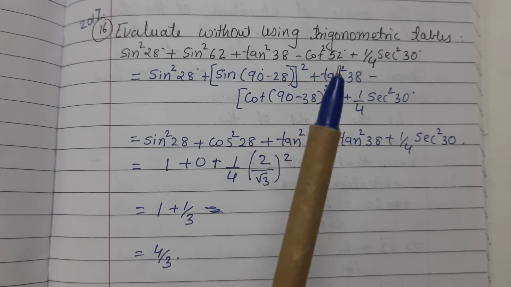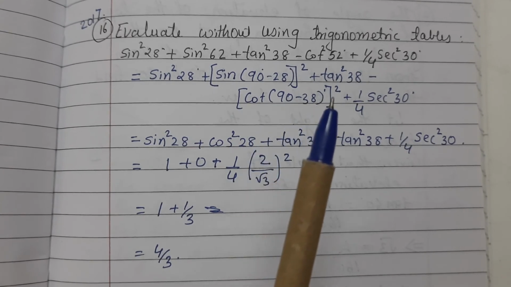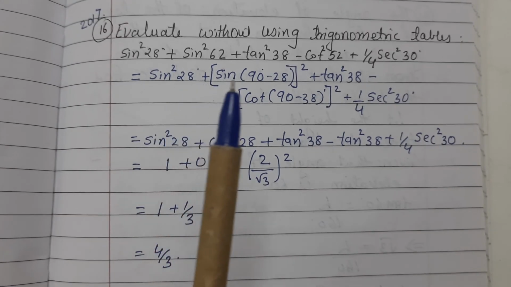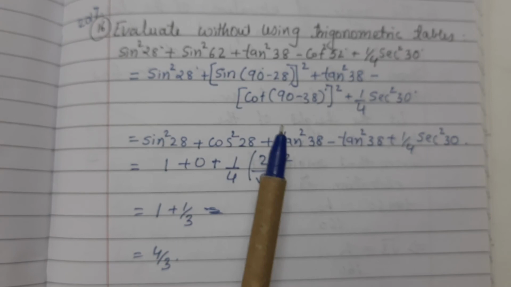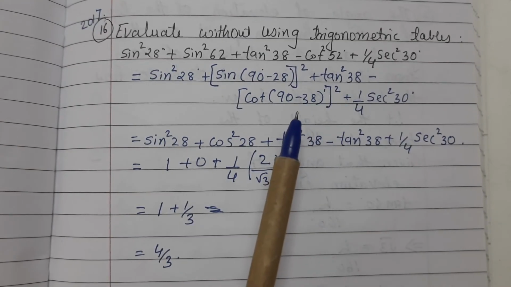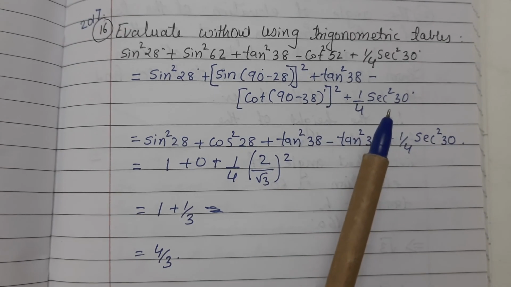Cot square 52 we can write it as cot 90 minus 38 the whole square. Equal to sin square 28 plus sin 90 minus 28 the whole square plus tan square 38 minus cot 90 minus 38 the whole square plus 1 upon 4 sec square 30.